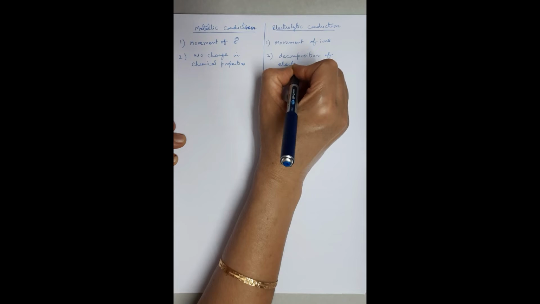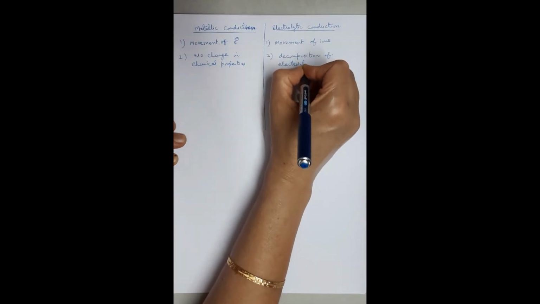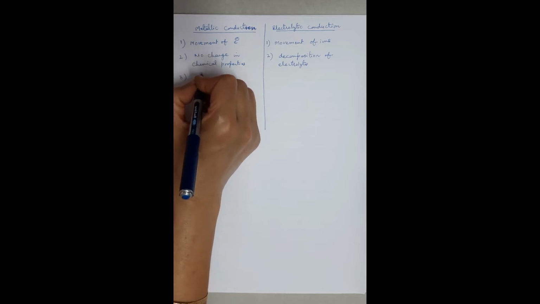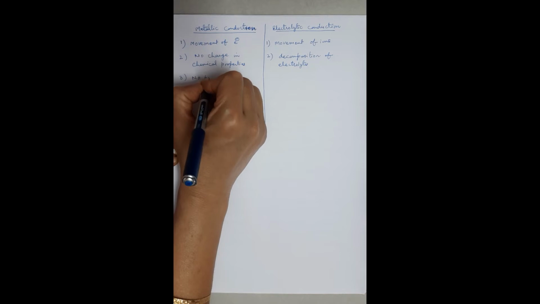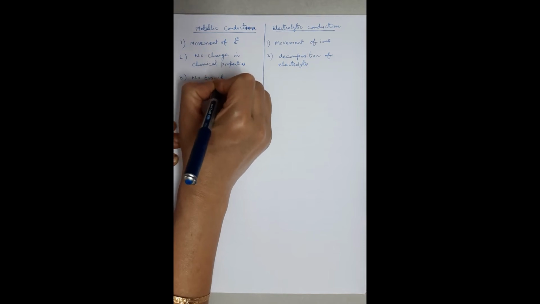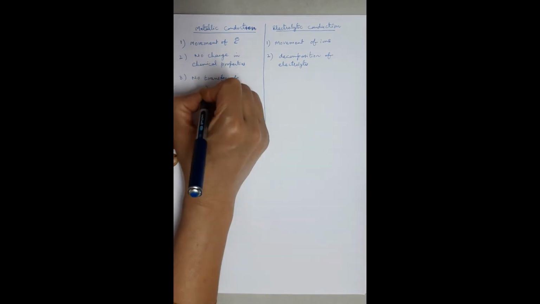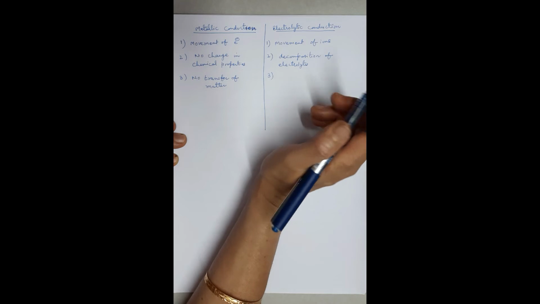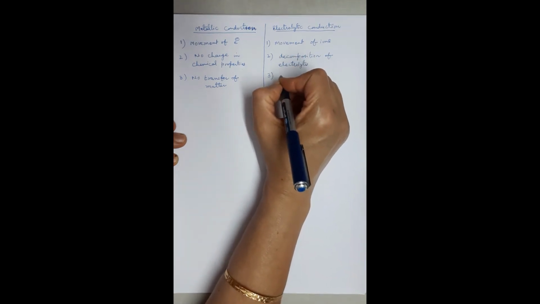So properties are also changed. Third point of difference is, in this case, no transfer of matter is there. Whereas in this case, ions get transferred. So transfer of matter is there.